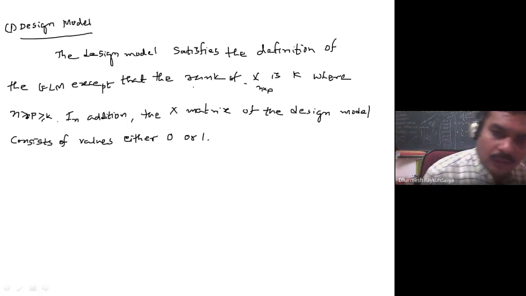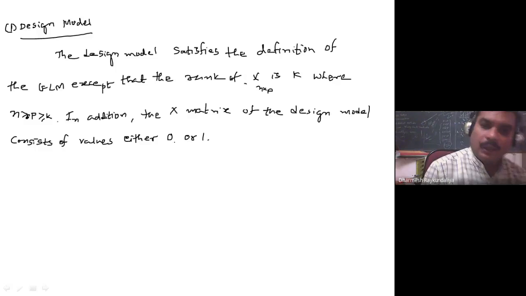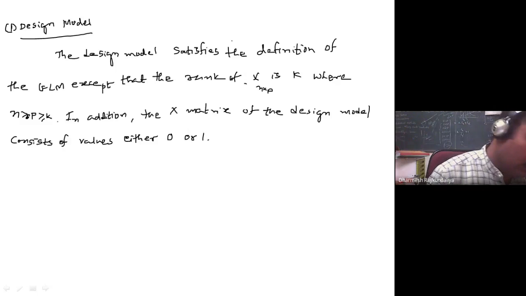So design matrix is always binary, whether the treatment is present or absent. What is the difference between the linear models and design models? In linear models, X is quantitative. In design models, X is qualitative. Rest of the assumptions are the same. The design model has the matrix with rank k, and the values of X are binary, either 0 or 1.